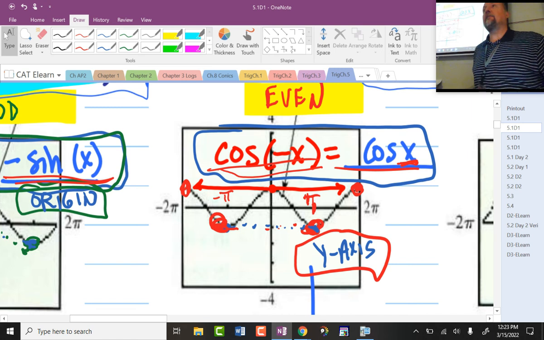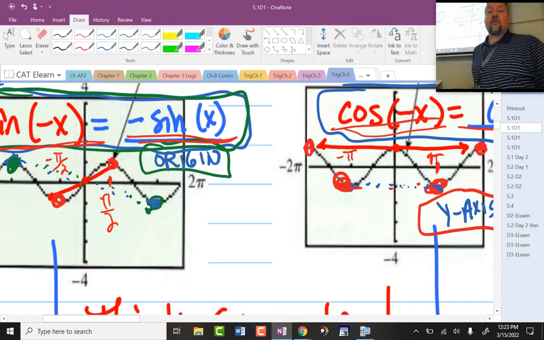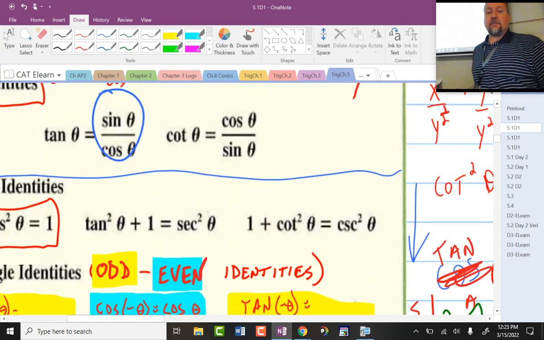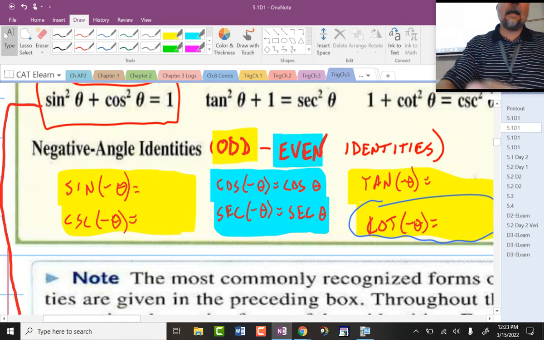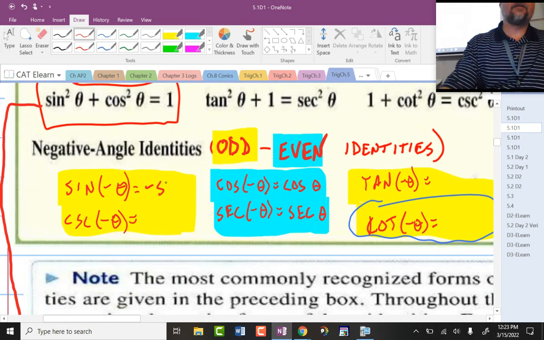Cosine of pi does equal cosine of negative pi. So those, it doesn't matter. All the other ones are odd. So those, it is opposite. Odd, opposite, opposites. And then the brothers, sisters carry along.